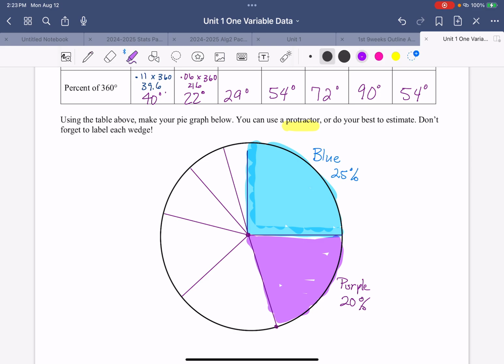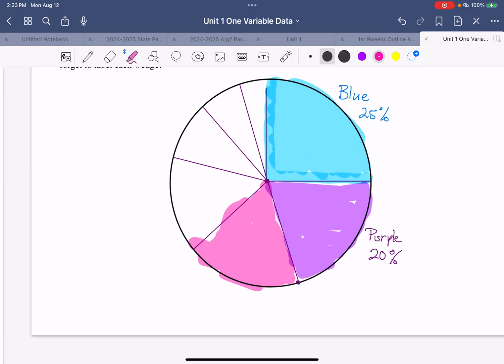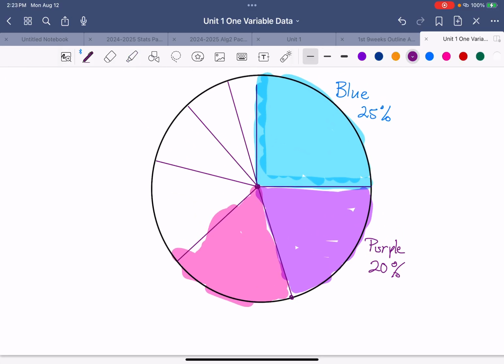So we're going to do pink, and I would do it a lot neater, but I'm timing myself on this, so I've got to go fast, sorry. So pink, 15%. And then, of course, we've got green, red, yellow, and orange. I'm just going to label these real quick.